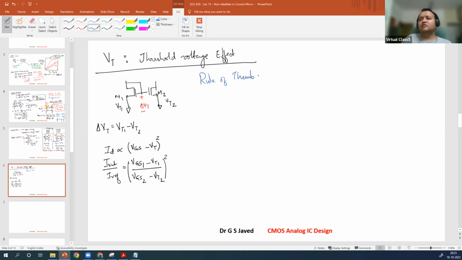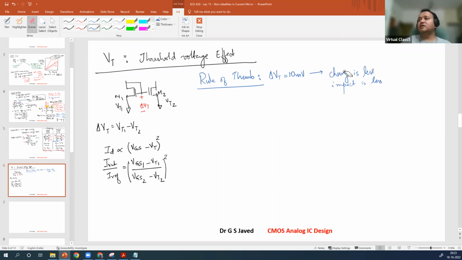Rule of thumb is, for practical circuits, up to a delta VT equal to 10 millivolt, the impact is less. Okay, I'm sorry.